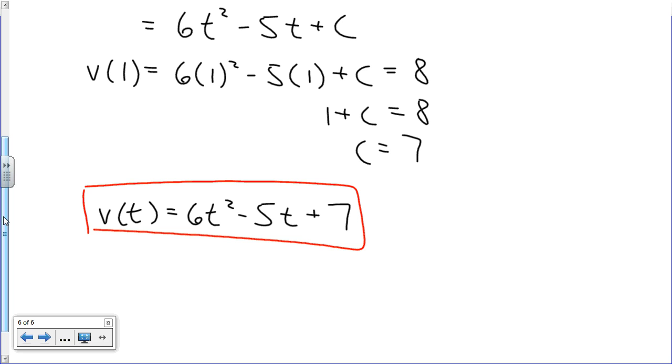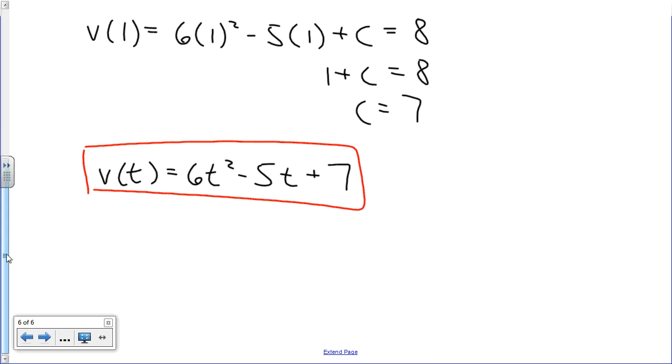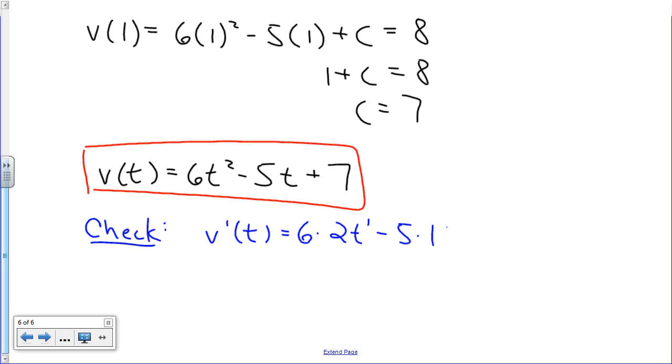Now the nice thing about this is you can always go back and check your answer when you find an antiderivative. The way that you do that is by finding the derivative of the function that you just came up with. So the check here that we're going to do is find out what v prime is equal to given this function for v of t. So v prime would be 6 times 2t to the first power minus 5 times 1t to the 0 power plus 0, the derivative of that constant.